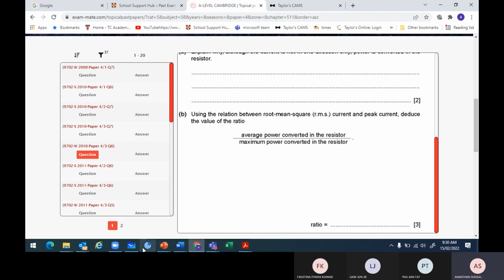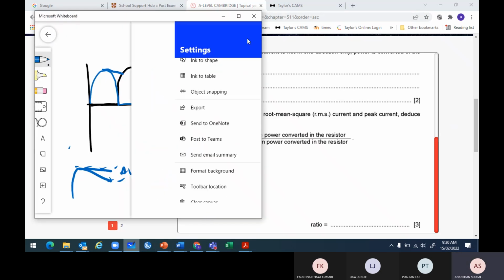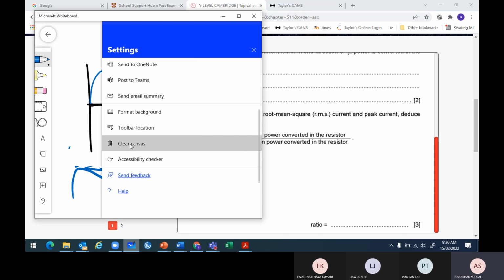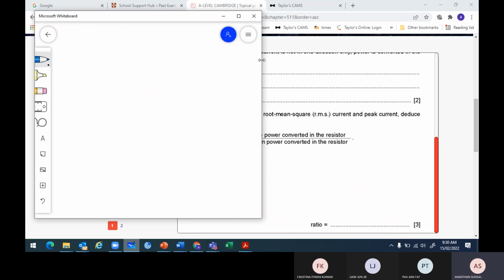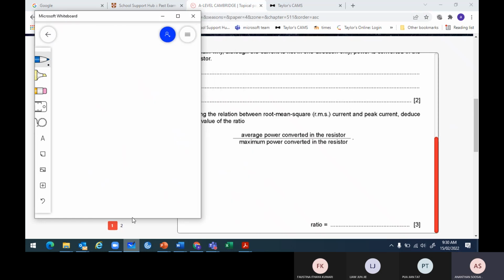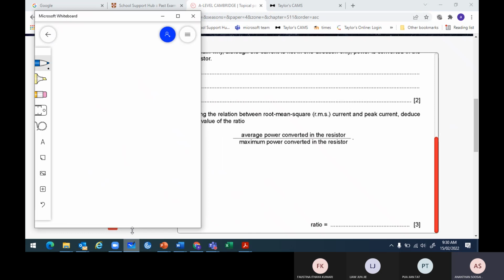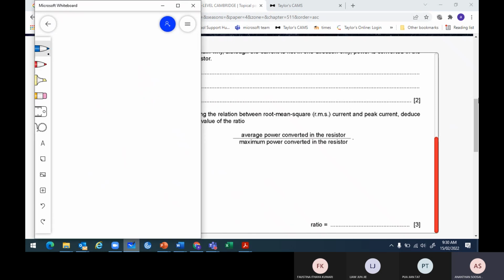Do the working. The average power over the peak power. So what are you going to put? For the peak power, what formula do you use?